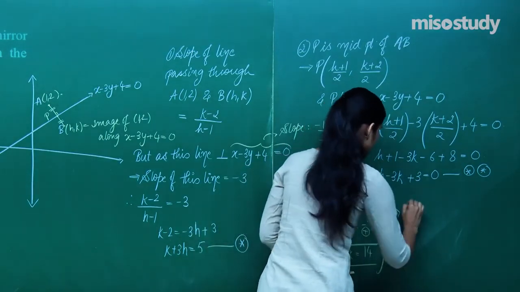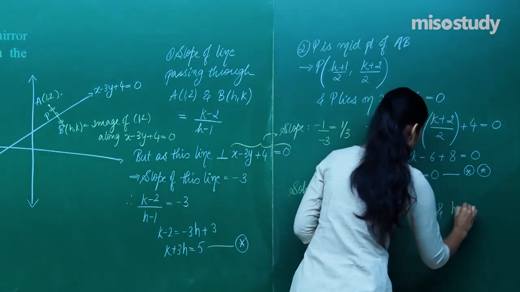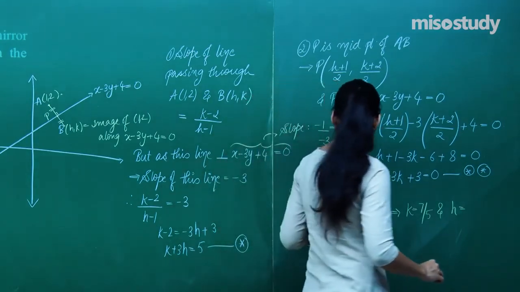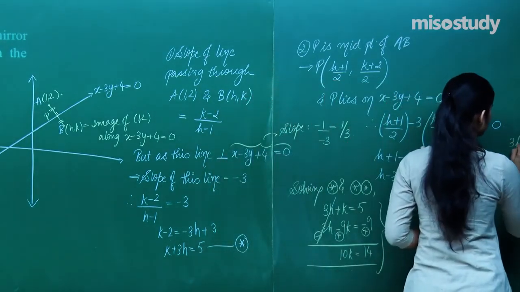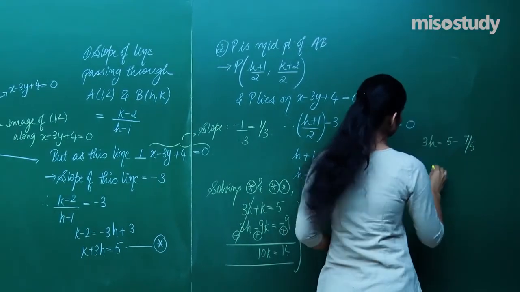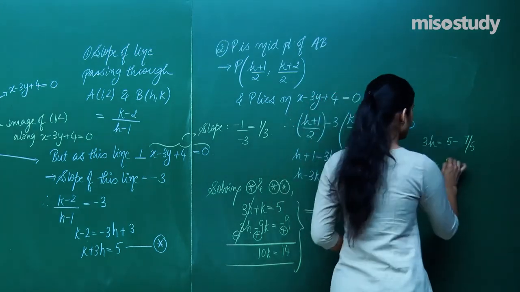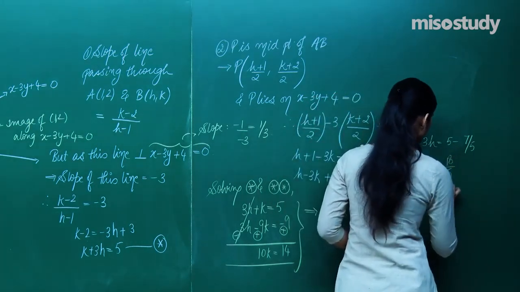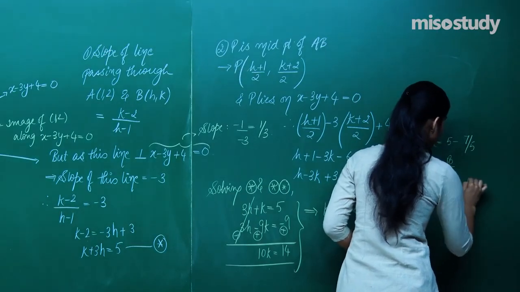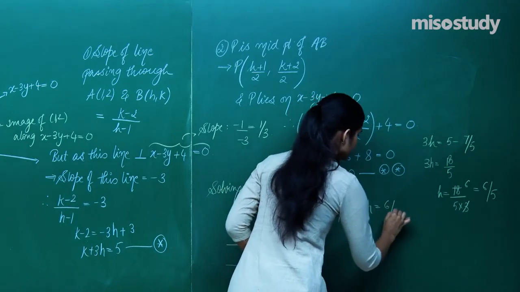This implies k is equal to 7 by 5 and h is equal to what? If k is 7 by 5, we have 3h equals 5 minus 7 by 5. Right. So 3h is equal to 25 minus 7, that is 18 by 5. So h is 18 upon 5 into 3, that is 6 by 5.